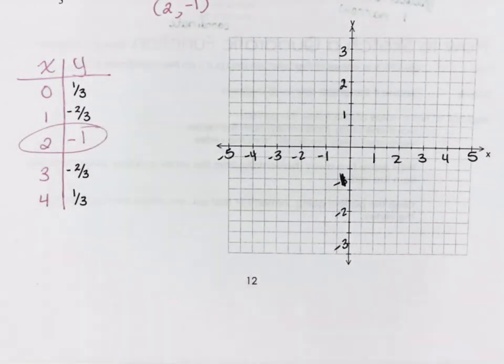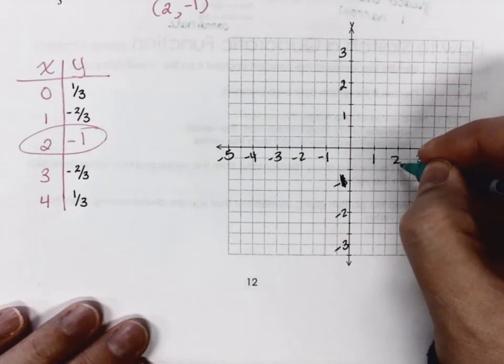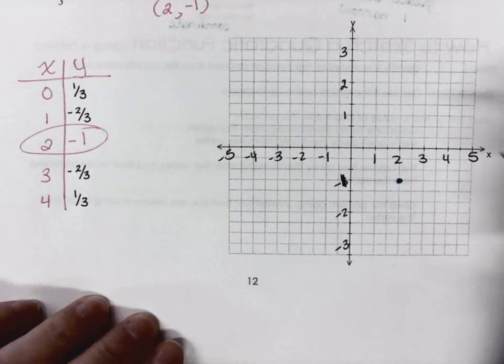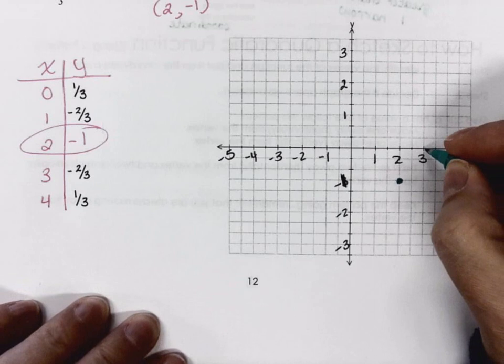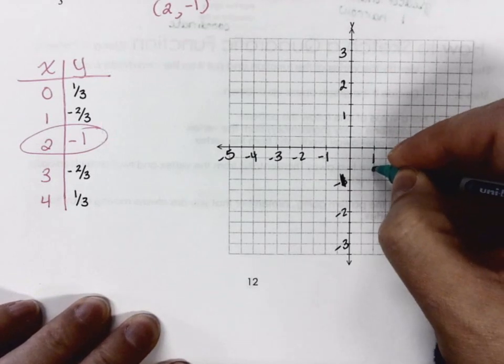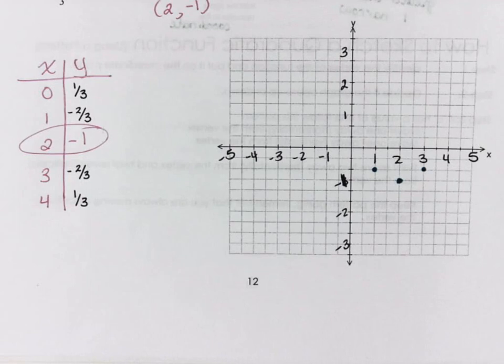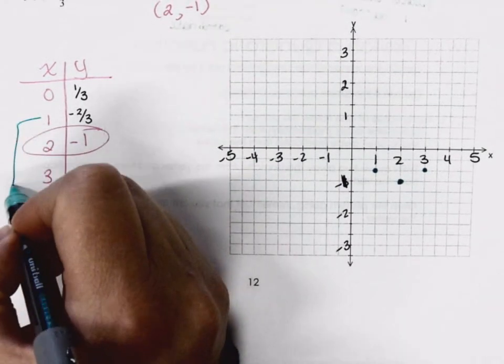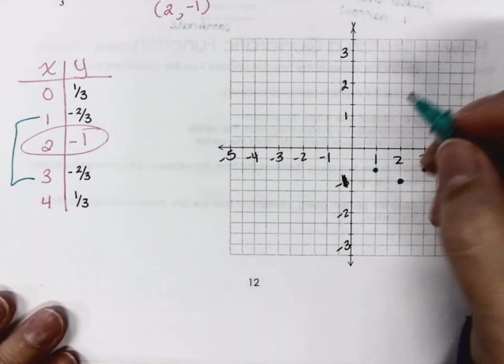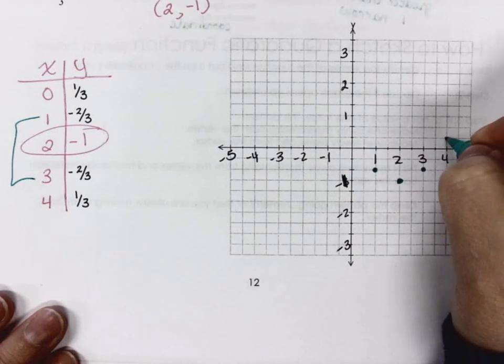All right, so my vertex is at 2 and negative 1. At 3, I'm at a negative 2/3, and at 1, I'm at a negative 2/3. So you see, I kind of jump around my table a little bit. I graph those two together just because it makes sense to me. I can count the points away. 4 is at a third, and 0 is at a third.